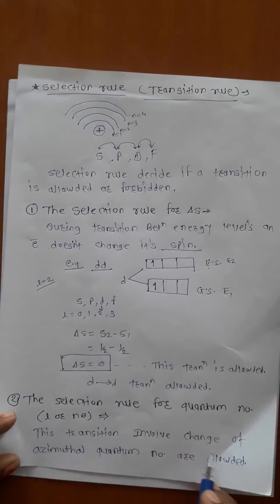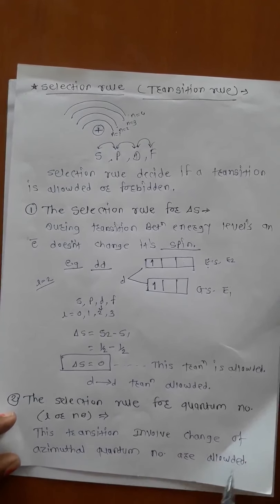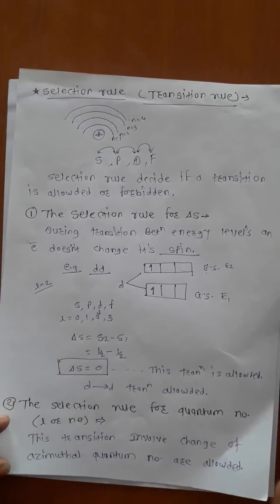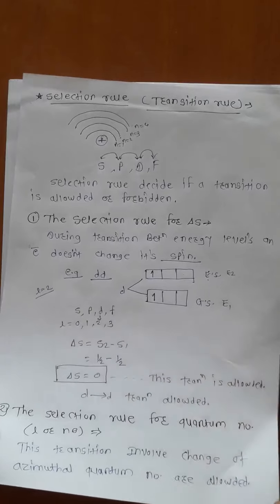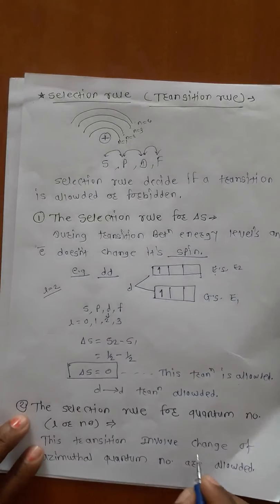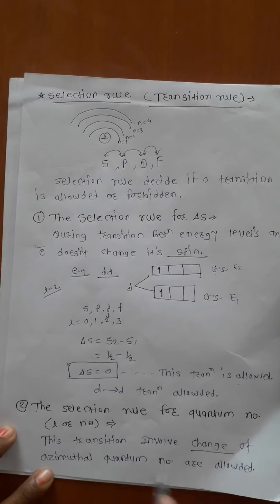This transition involves a change of azimuthal quantum number, which is allowed, meaning the value of the azimuthal quantum number L is changed. This word is important: the value will be changed. Now we have to see whether this transition is allowed or forbidden.